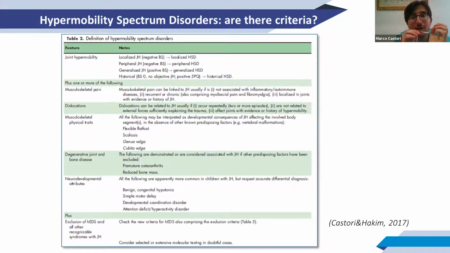It is used for all individuals featuring joint hypermobility and presenting musculoskeletal manifestations coherent with the evidence of joint hypermobility, after a formal exclusion, like in hypermobile EDS, of any other partially overlapping conditions.